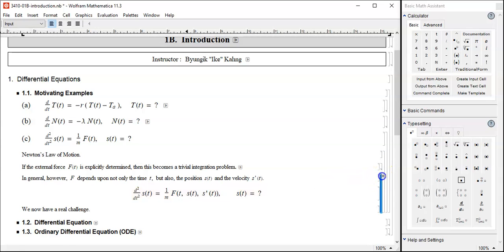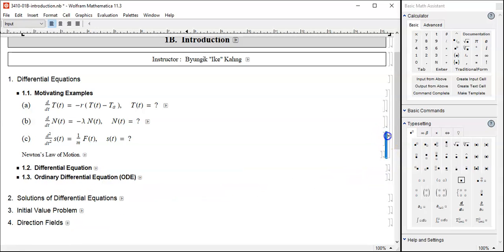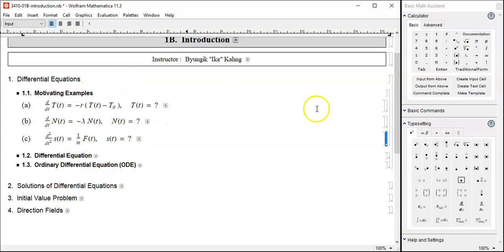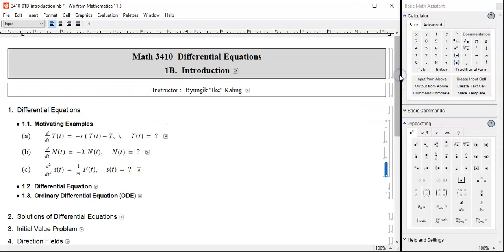By the way, it's not a coincidence that all three motivation examples here came from physics. Historically speaking, the development of this field, differential equations, and as a matter of fact, entire calculus, by the way, has a lot to do with physicists trying to model the law of nature.